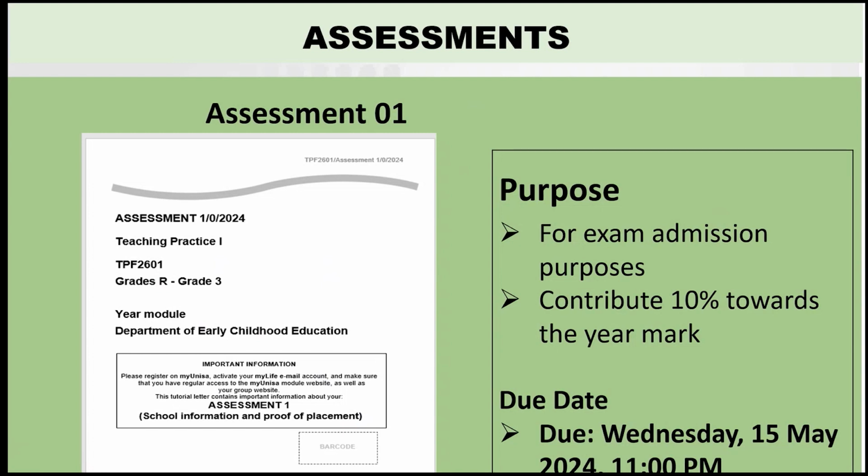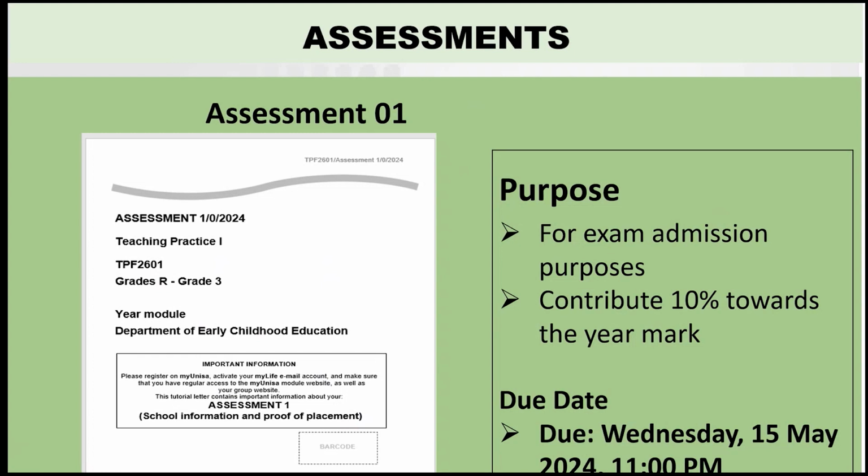The purpose for assessment 1 is for exam admission. And it also contributes 10% towards the year mark. If you get 100 out of 100, it doesn't mean that you already have 100%. Only 10% from that 100 marks will contribute to your year mark.